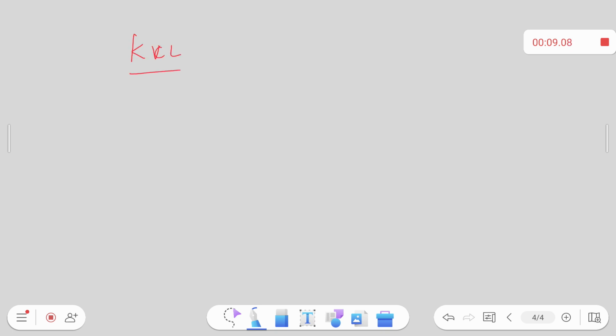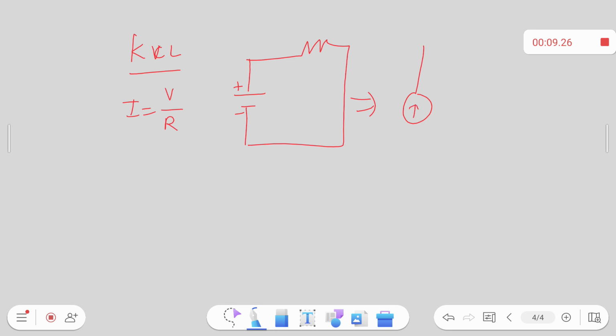So you have to calculate I equal to V by R. This should be followed, and any voltage source with a series resistance can be converted to a current source with parallel resistance.